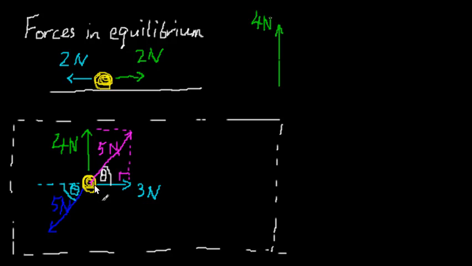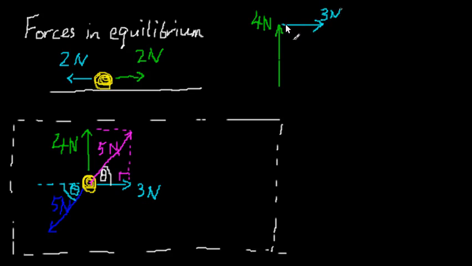And I'm going to take the 3 newton force. Imagine that it is a real arrow, and I'm going to move it up there. Again, I must not change its direction. So that's the 3 newtons.